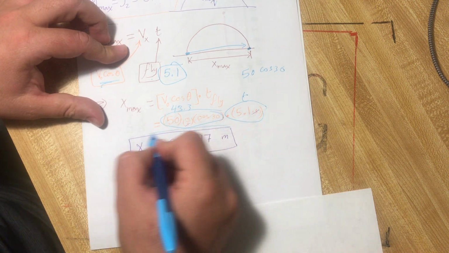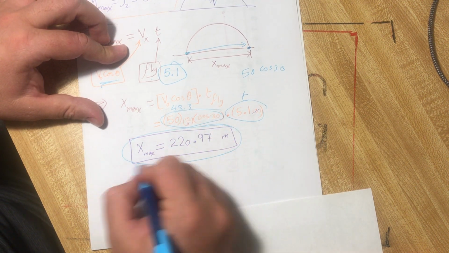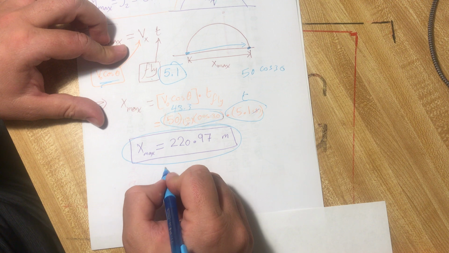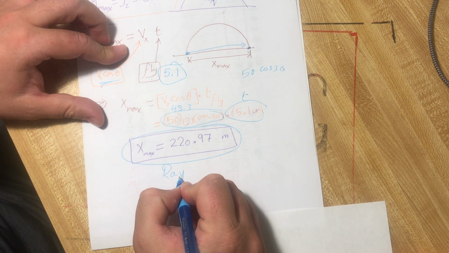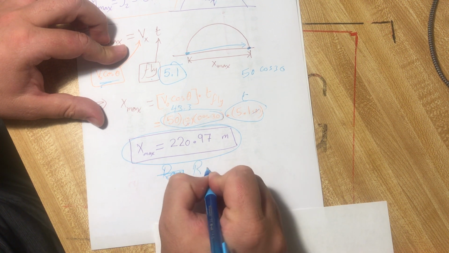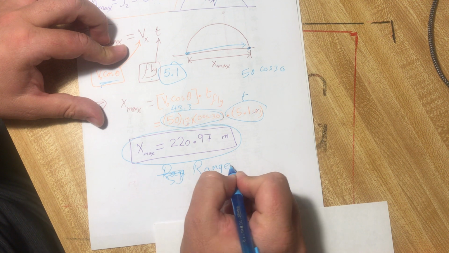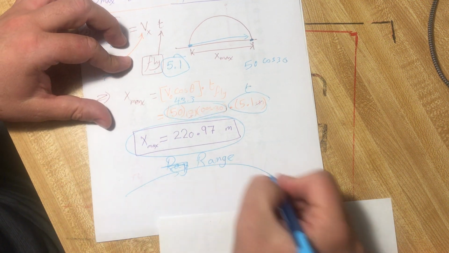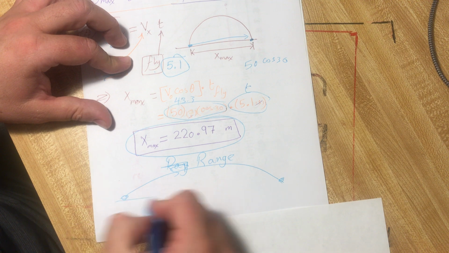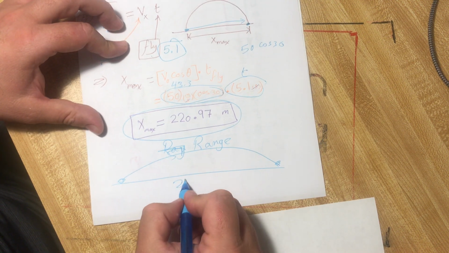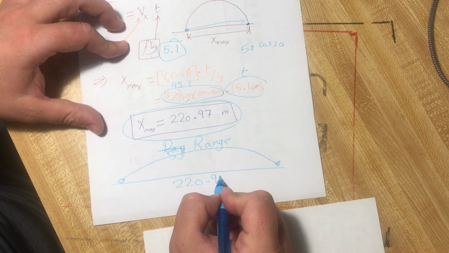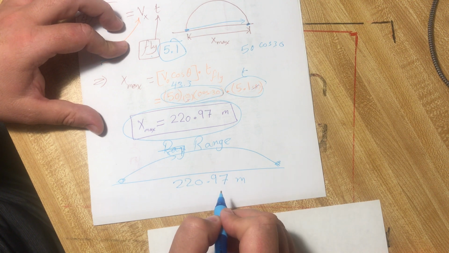The maximum x displacement, which is the range of our projectile body or object, is 220.97 meters.